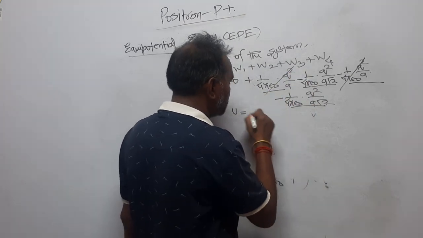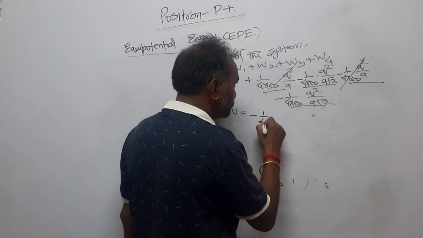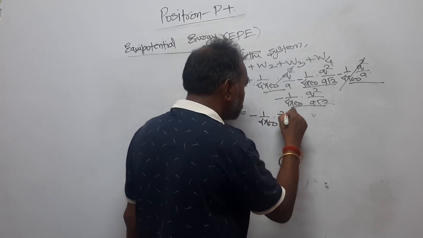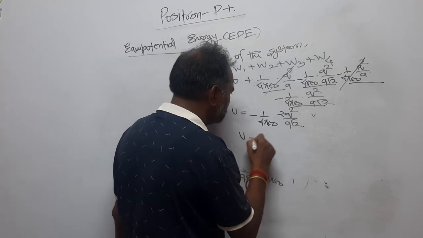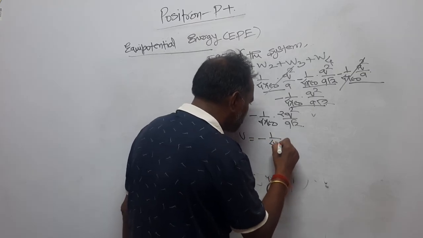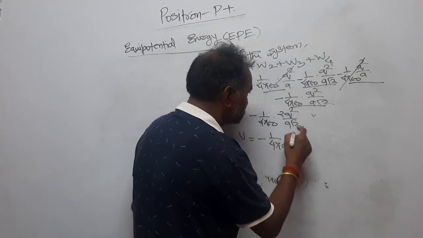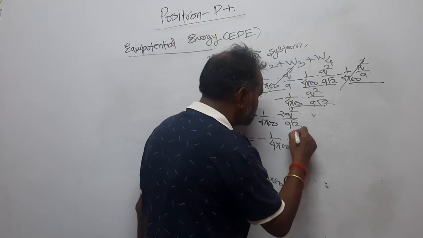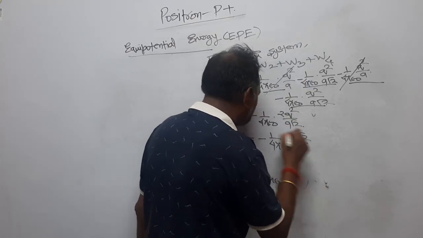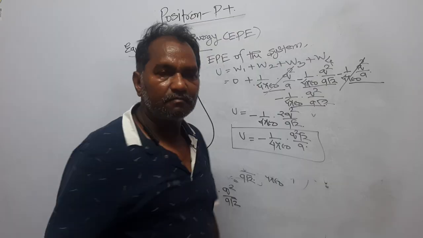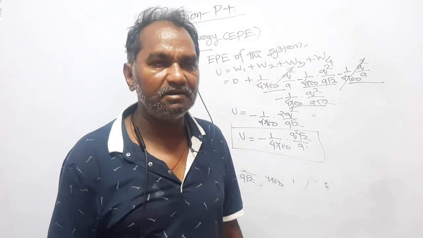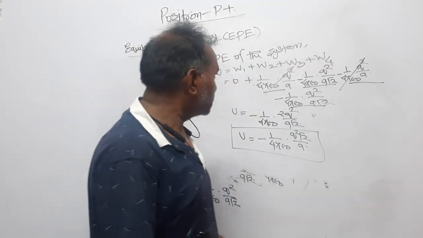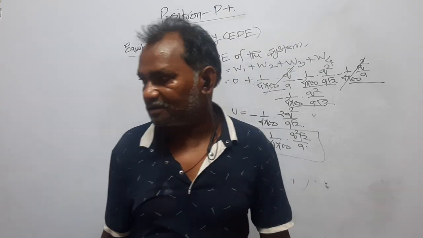So you have got minus 1 upon 4 pi epsilon naught Q square over A root 2. Or you might write U is equal to minus 1 upon 4 pi epsilon naught, this root 2 would be cancelled, Q square root 2 by A. This is the answer. This is the electric potential energy of the four charges kept at the vertices of a square having each side A. In this way, we find out the EPE of the system.